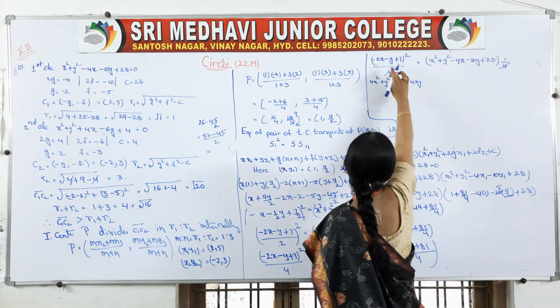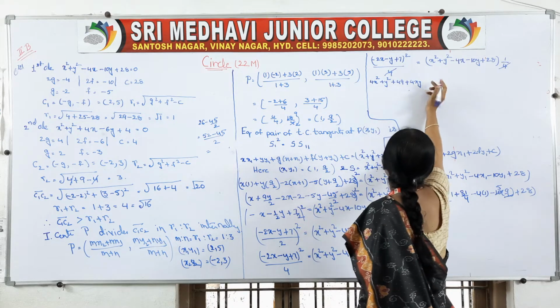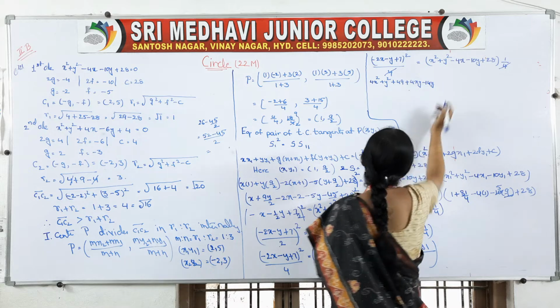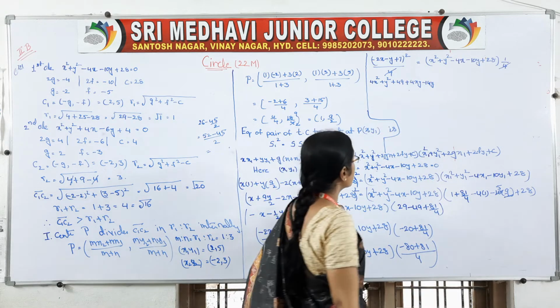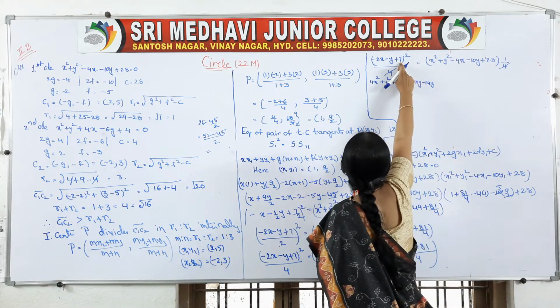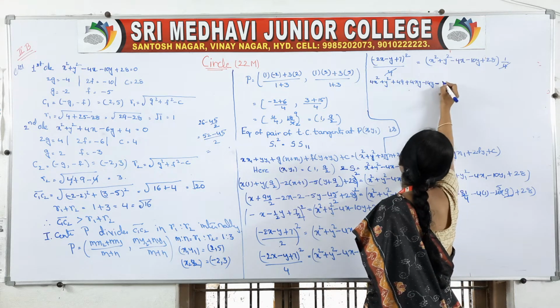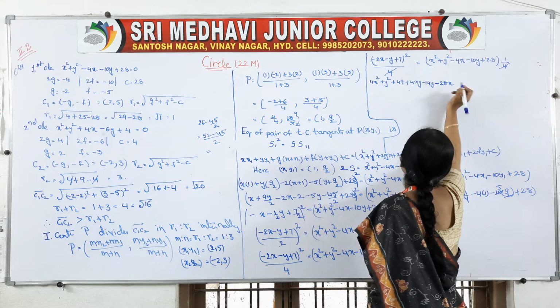Next 2bc: 2 7s are 14, minus 7 is there, so minus 14y. 2ca: 2 7s are 14, 14 2s are 28, minus is there, minus 28x.